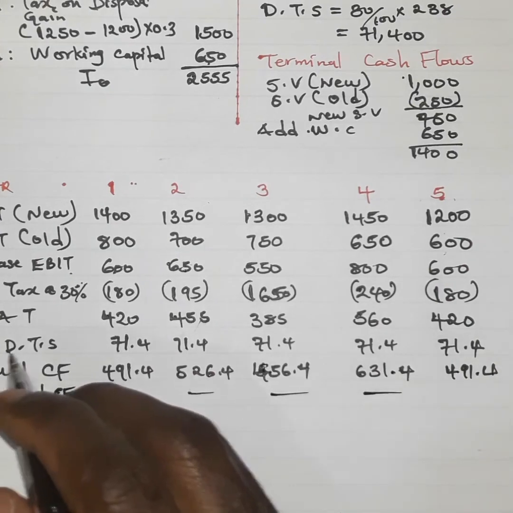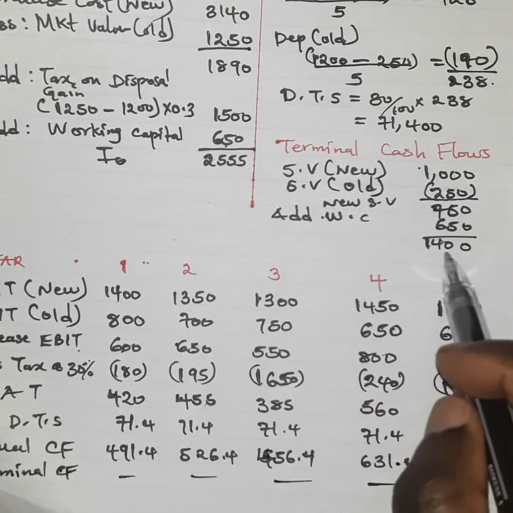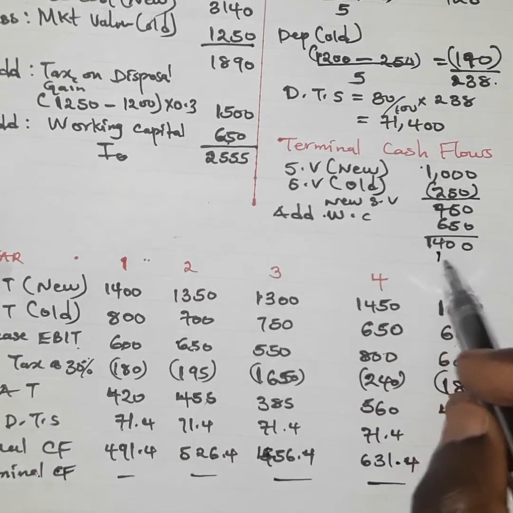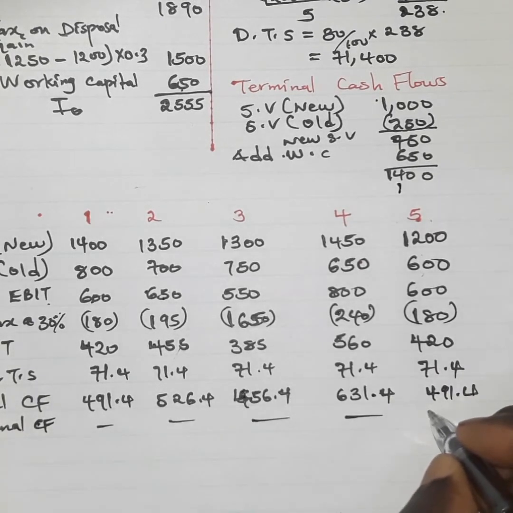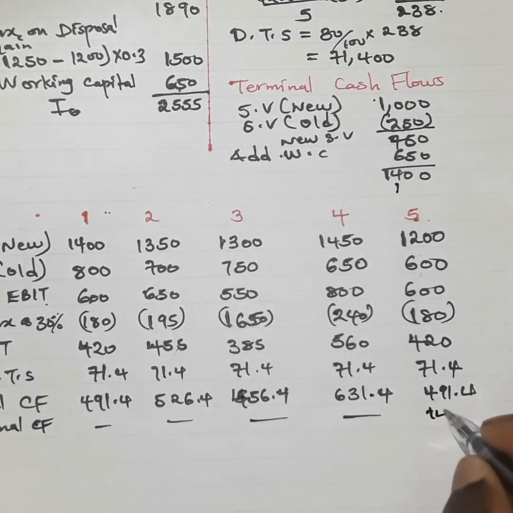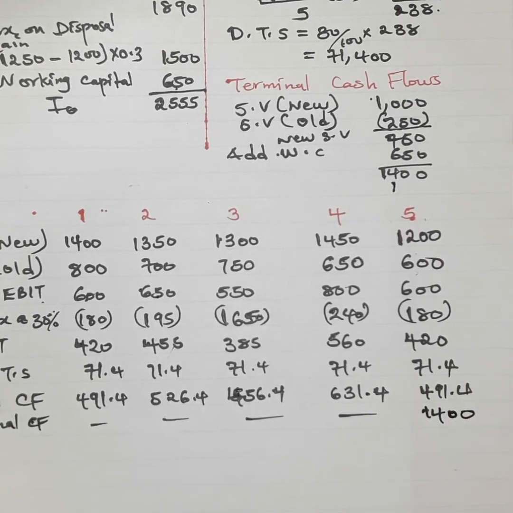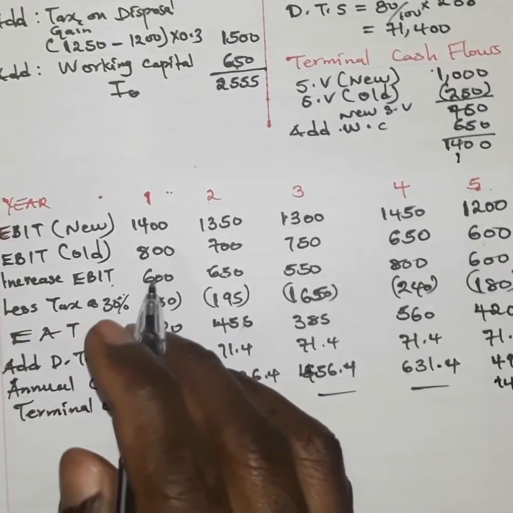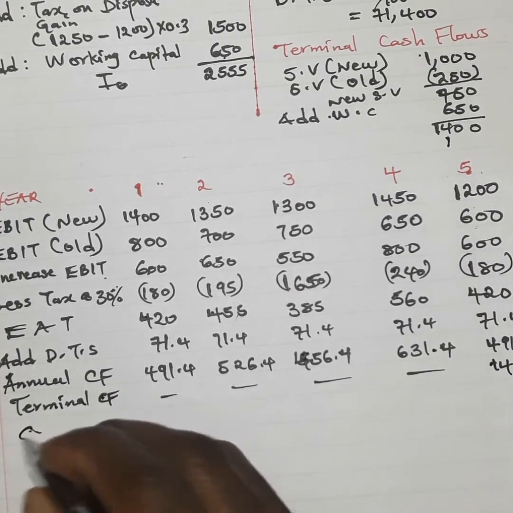Remember, the value was arrived at as 1400. So we're supposed to add an amount of 1400. It is being recovered back according to our problem. Then of course we have the cash flows now.